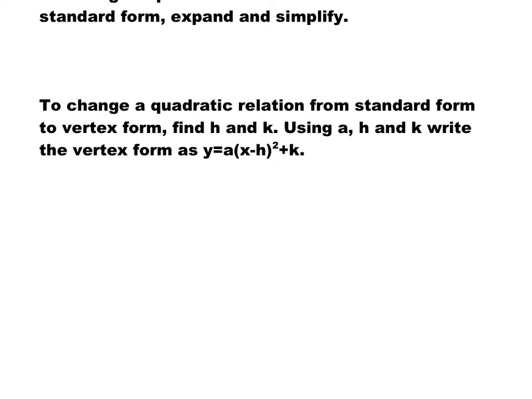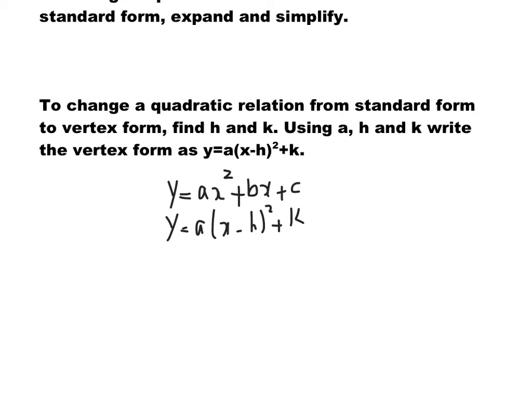And to change a quadratic from standard form to vertex form, you have to find the coordinate of the vertex, meaning that if I have a quadratic like y is equal to ax squared plus bx plus c, and I want to change it to a vertex form, which is this form, I have to find h and k. A is already the same as previous a, so I don't need to find a.